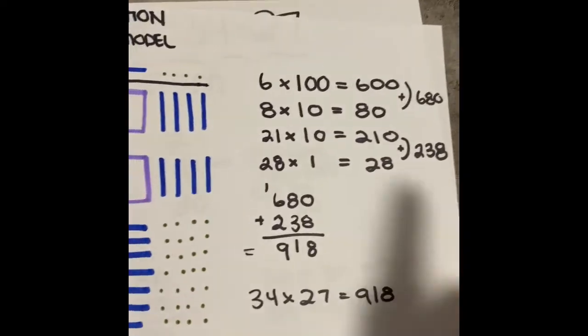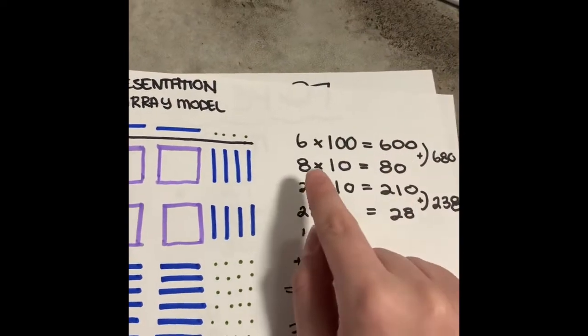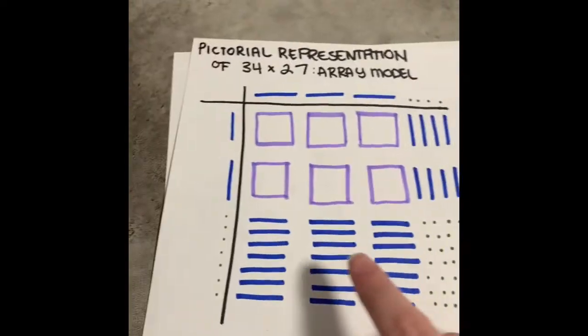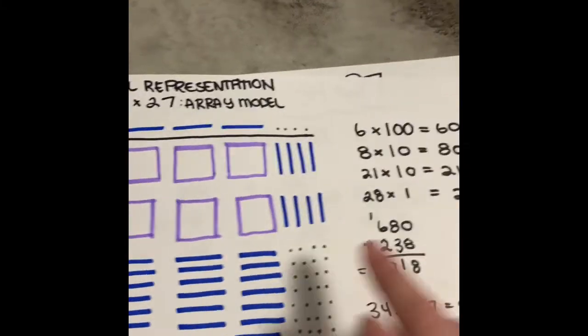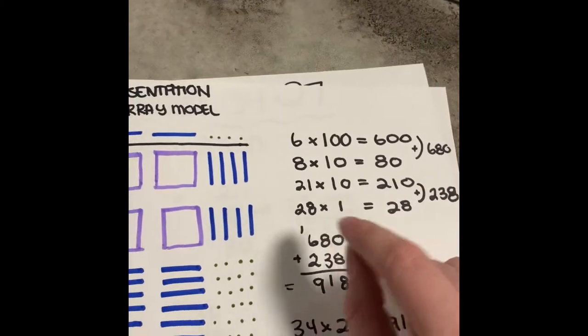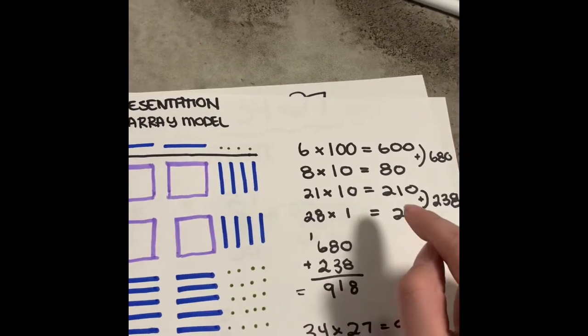So if you look here, we have 600 blocks, which equals 600. Here we have 8 units of 10, which equals 80. Down here we have 21 units of 10, which equals 210. Then in this corner here, we have 28 single units, which equals 28.